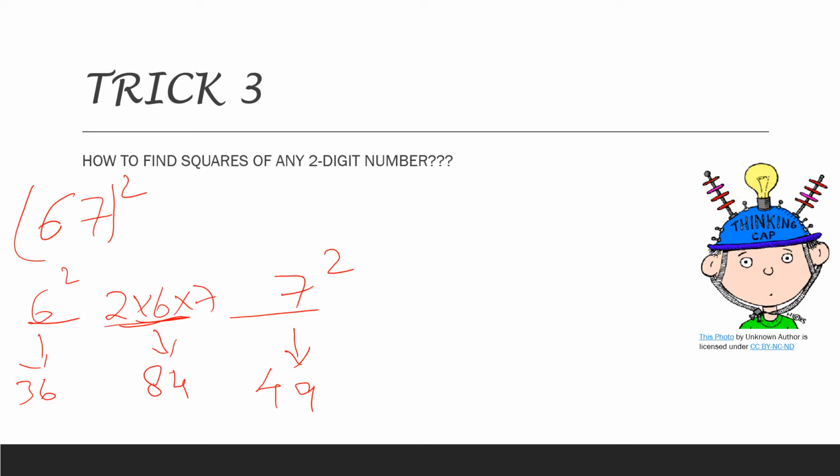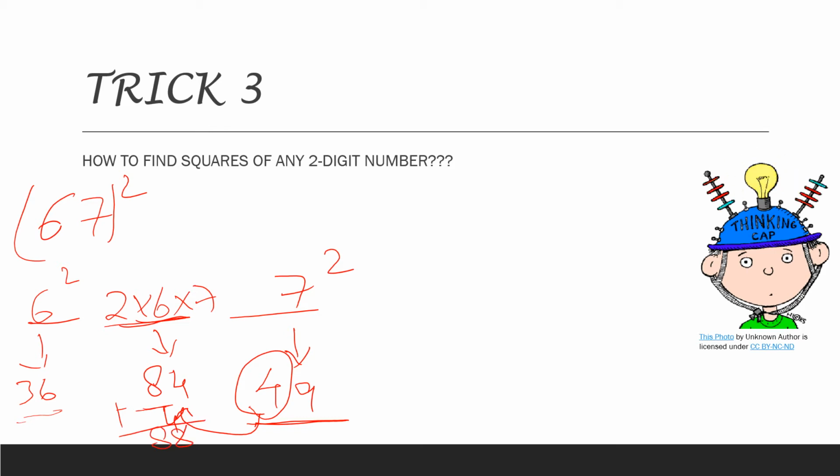As we did in the previous case, where there was another digit, we added it to the first digit. Similarly, here we have a double digit. So we add this 4 to 84 and we get 88.